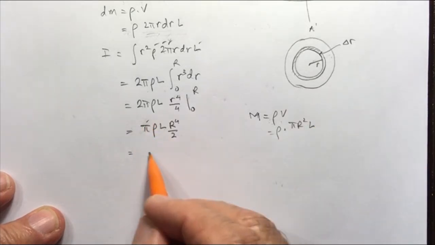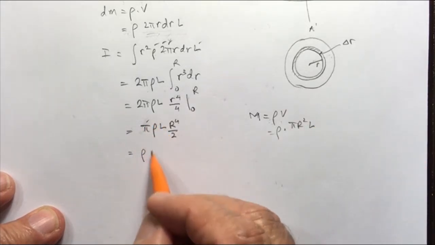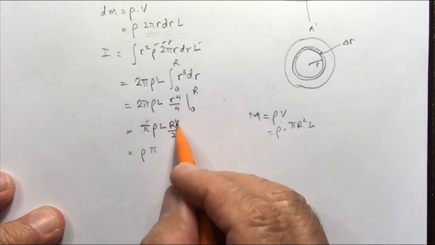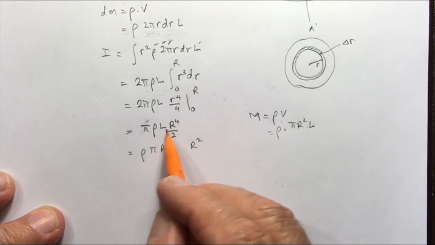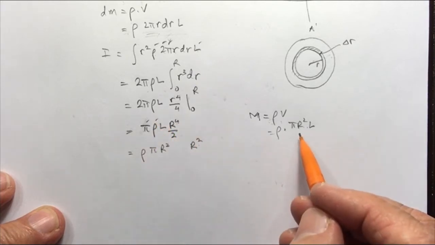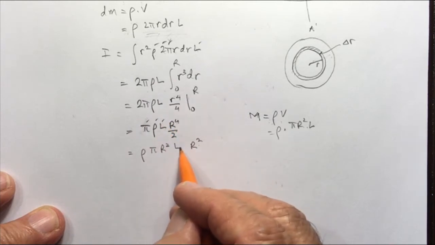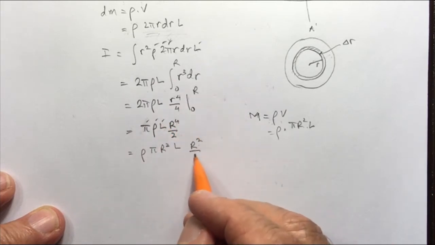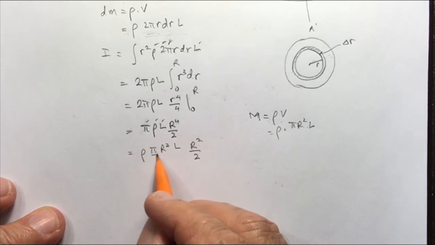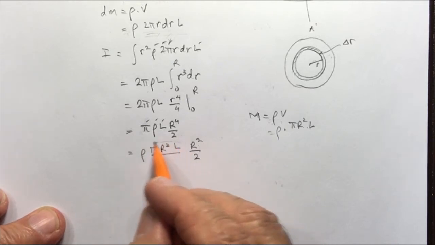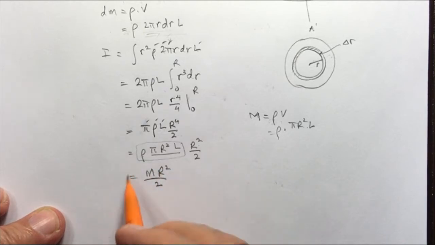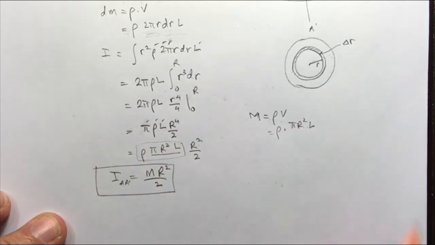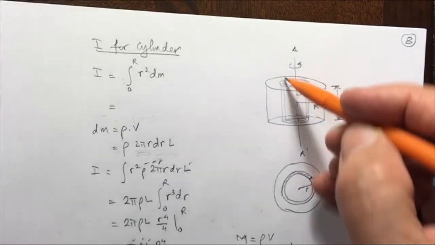So we pick up the rho and the pi and r squared, and we are left with another r squared, and the L. So pi r squared L is the volume times rho, so this whole thing is the mass, and it becomes m r squared by 2. So that becomes the moment of inertia about the axis passing through the center, about this axis.